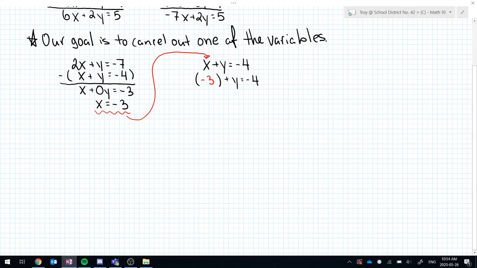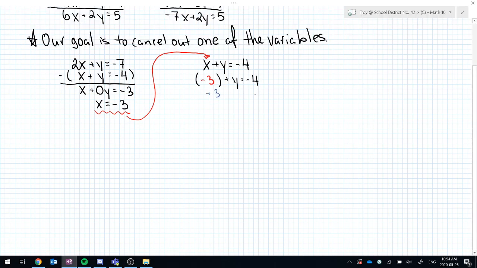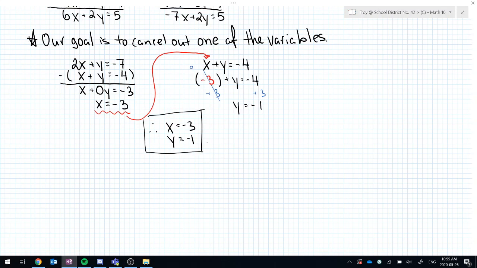Right, so I want to get the y by itself. So all I have to do is add 3 to both sides. That way the negative 3 on the left will cancel out. So I'll get an answer of y is equal to negative 1. So therefore the answer is x equals negative 3 and y equals negative 1. Okay, so you see how the y's canceled out there. That was the trick we needed to do.